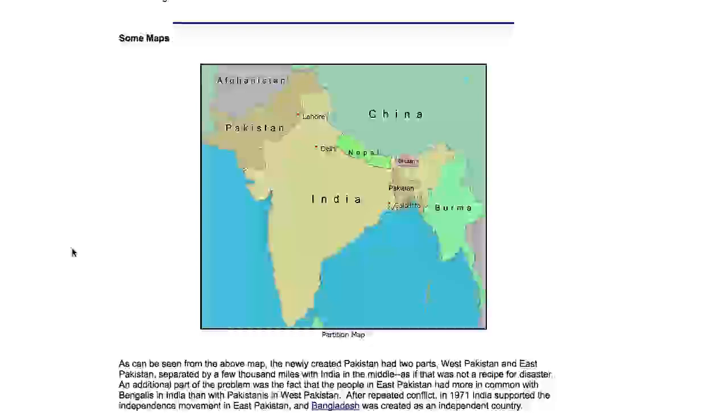You had India and Pakistan, and actually you had Pakistan in two parts: Pakistan in the east and Pakistan in the west, with India right in the middle. It doesn't really take a rocket scientist to figure out that that's not going to work out, having a country split in two with a much larger country in the middle.